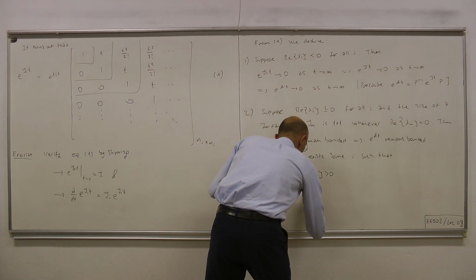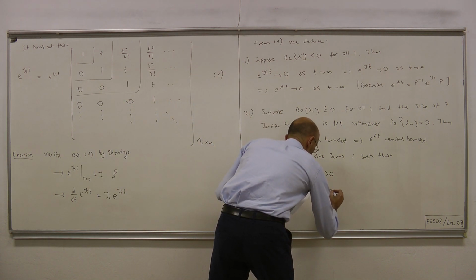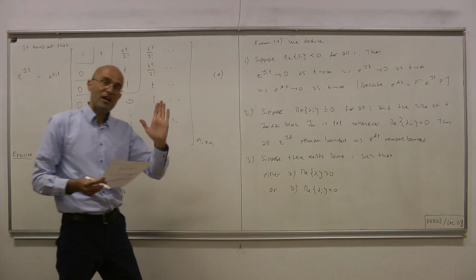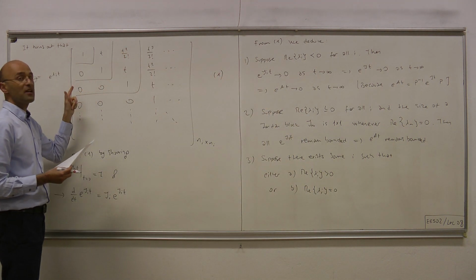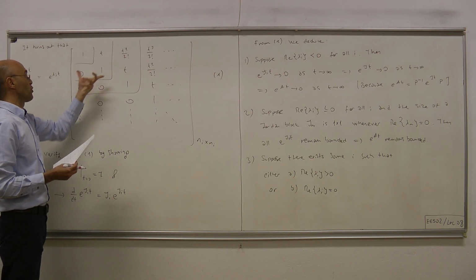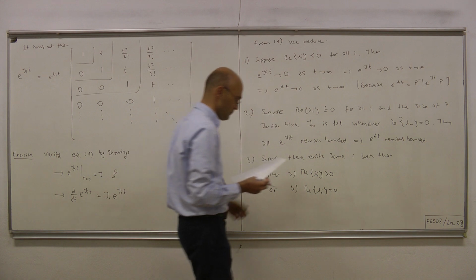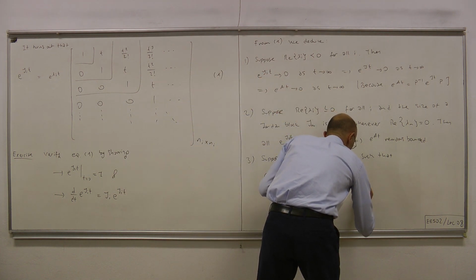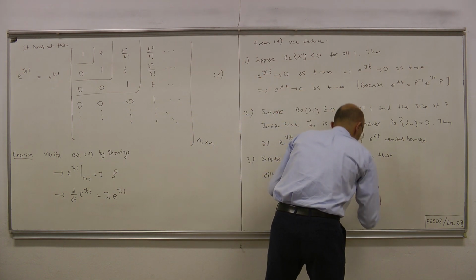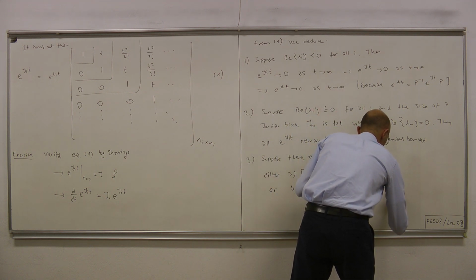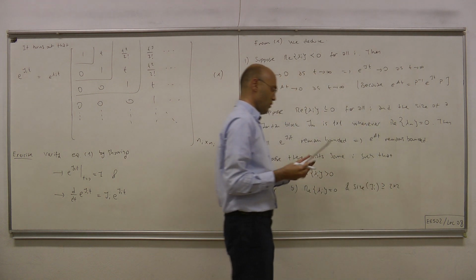That is, the real part is 0, that is, it's only on the imaginary axis, but the size of the corresponding Jordan block is 2 by 2 or larger.